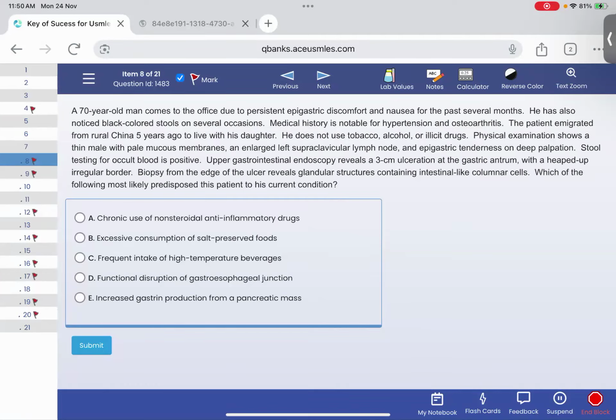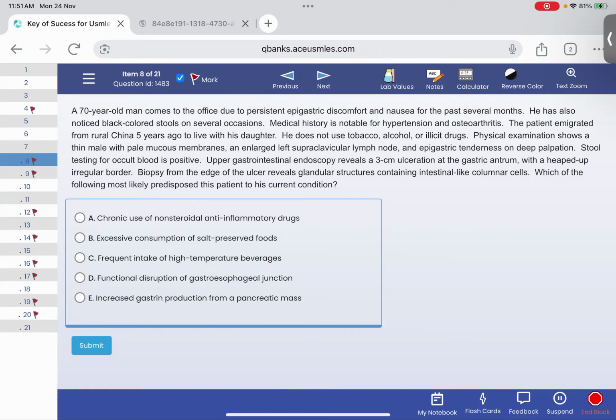And also the glandular structure containing intestinal columnar cells. It's specifically the intestinal type, right? And he is also from China. Okay. There are these enlarged virtual nodes, melena, these different clues for the gastric adenocarcinoma.